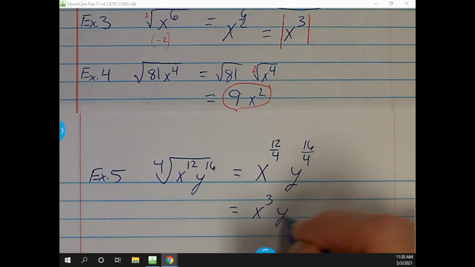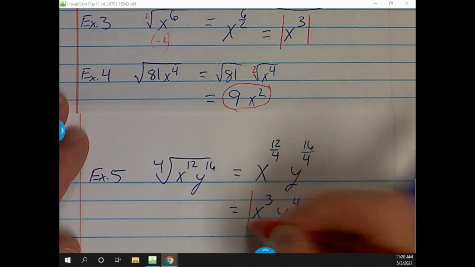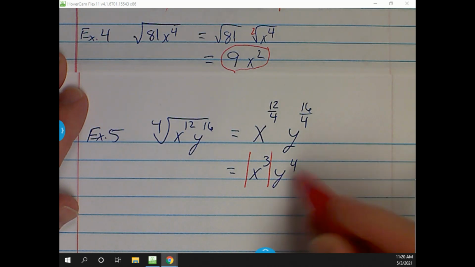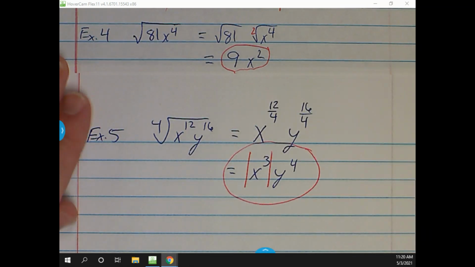X to the third and y to the fourth. Then some people go, well, what do we do on this one, because that one's odd and that one's even? Whichever one it happens to be, if it's odd, in this case for the x, you would put an absolute value around that one. But since y to the fourth is even, you don't have to do that one. So that would be your final answer.